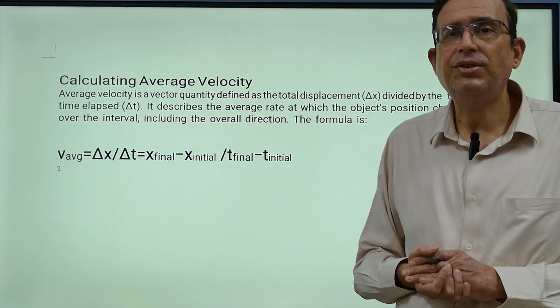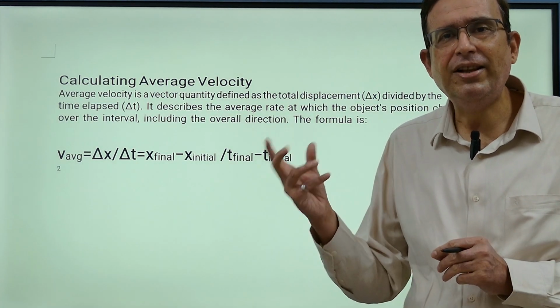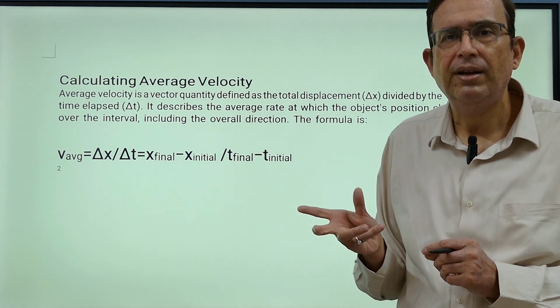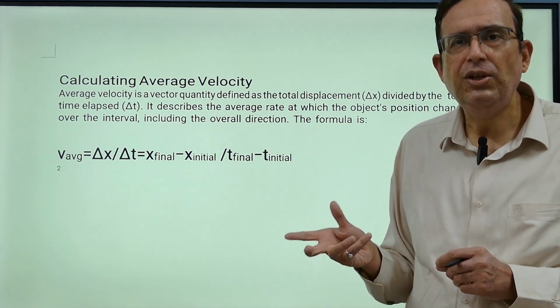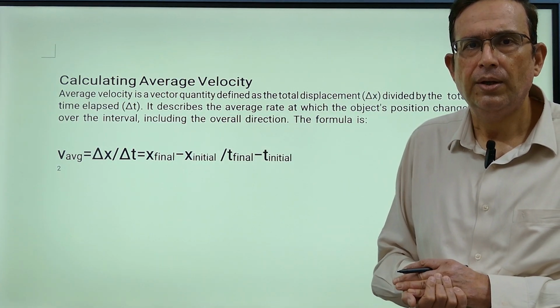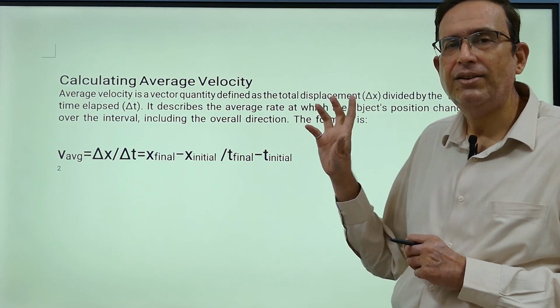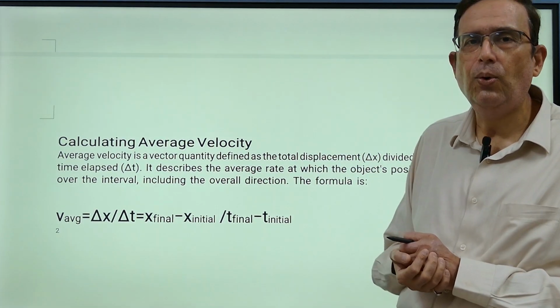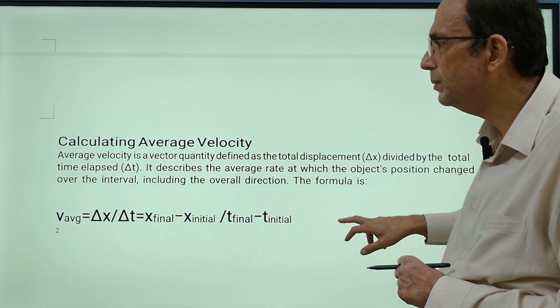So its average velocity is zero, whereas it is having some speed. Its average speed was finite, non-zero, but the average velocity would be zero because its displacement over the total period is zero. Whatever the time is, final minus initial, but in the numerator you have zero, so you can say the average velocity is zero.